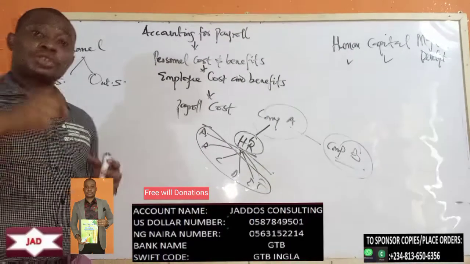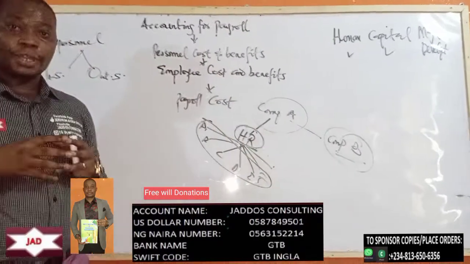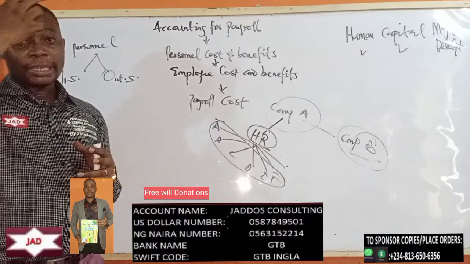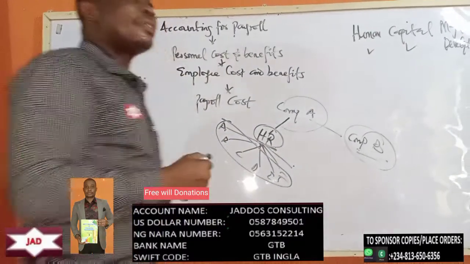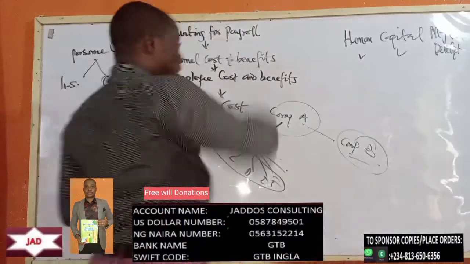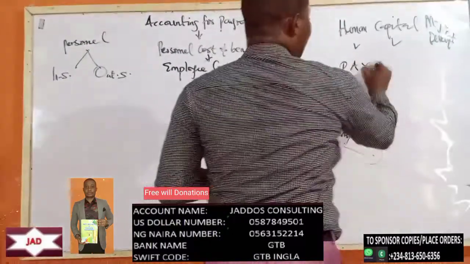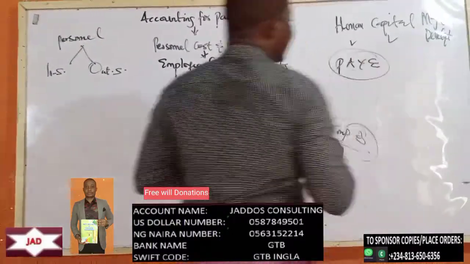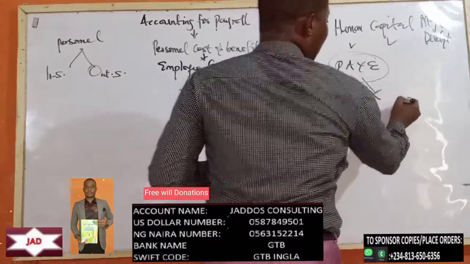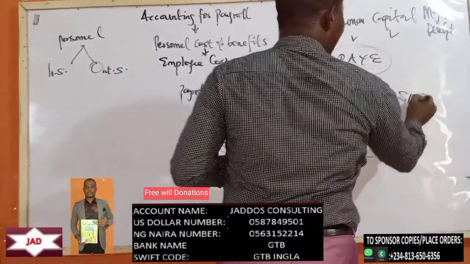For instance, you must know the tax aspect of the payroll. Okay, so you must understand that taxes called pay as you earn are paid to the respective state internal revenue service.